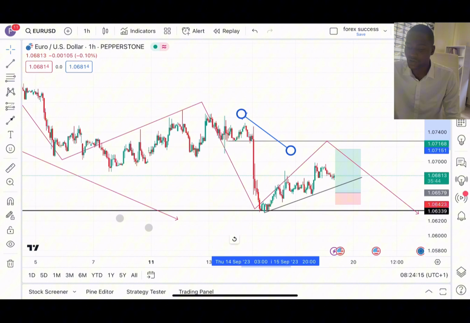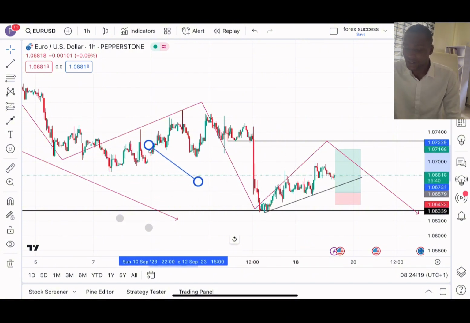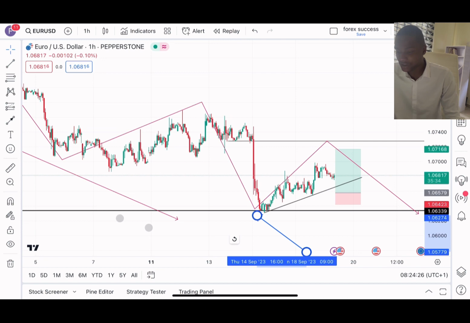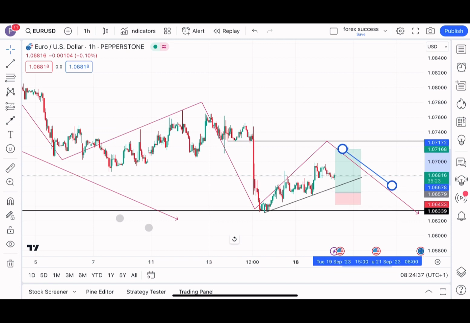This is what we call A to B and C to D movement. So this is the retracement movement, which is usually slower, forming more candles, taking longer time. And this is the impulsive move, whereby market is faster, creating a lesser number of candles. And this is another retracement again, which is also slower, forming more candles.